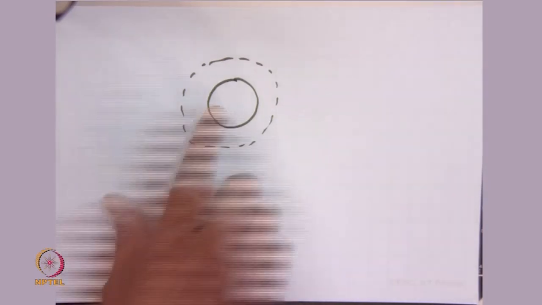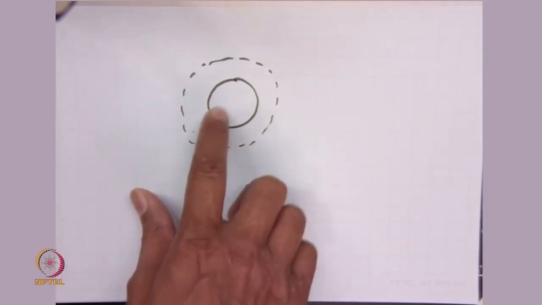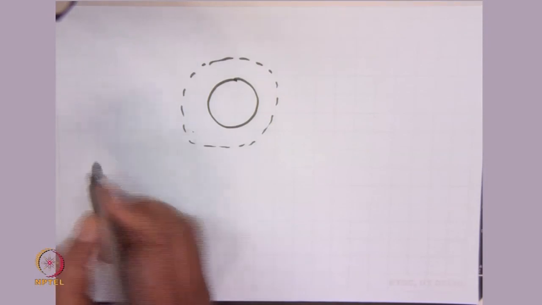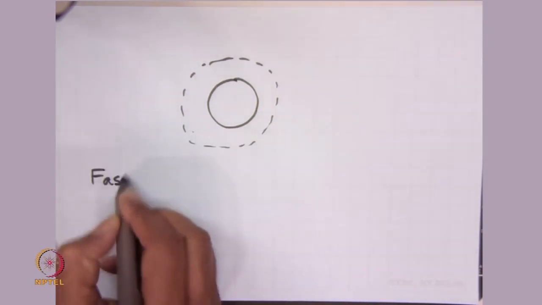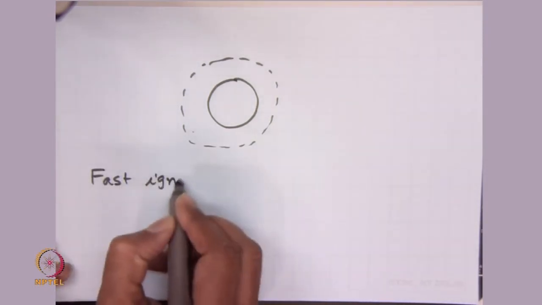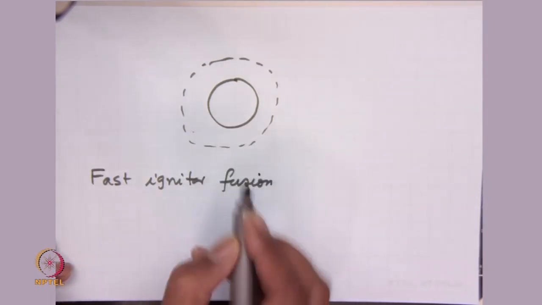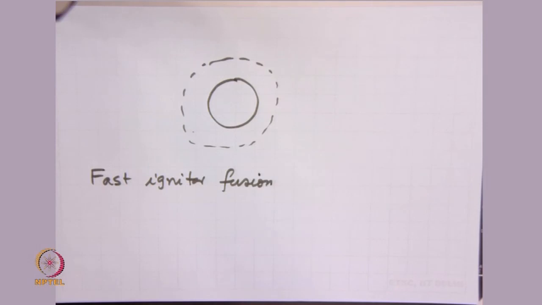Here also the same process can be exploited, and this new scheme of laser driven fusion is called fast igniter fusion. One can achieve very high temperature and one can reach the Lawson criterion, I think, in the near future.